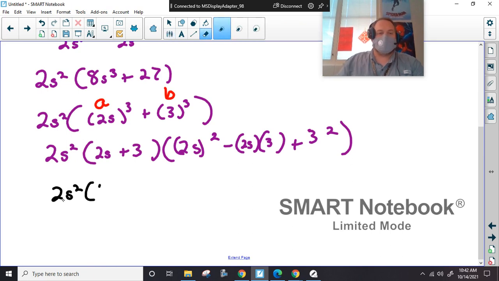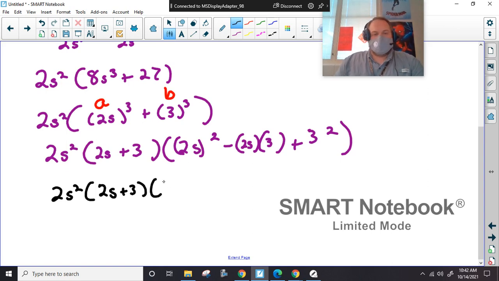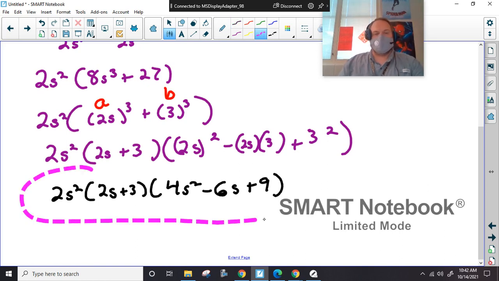I know somebody's going to say that S looks like a 5. This would become 4s squared minus 6s plus 9.